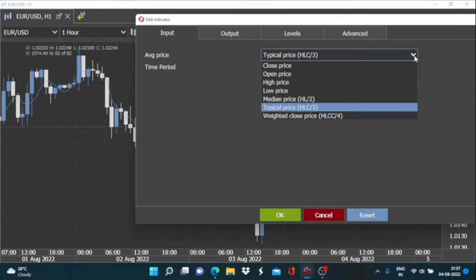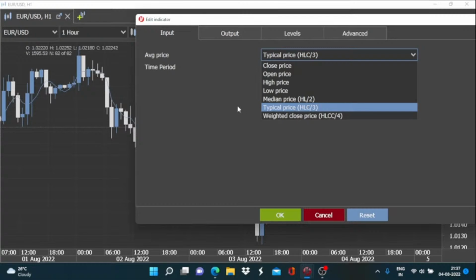So we have these prices: the close price, open price, high price, low price, median price, typical price. Generally we rely on the typical price, which is simply the value arrived at after adding the high, low, and the closing price, and then dividing it by 3 for that given period of time.